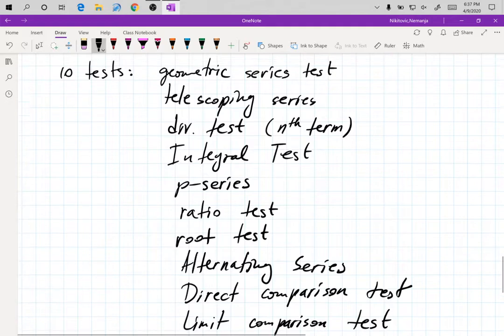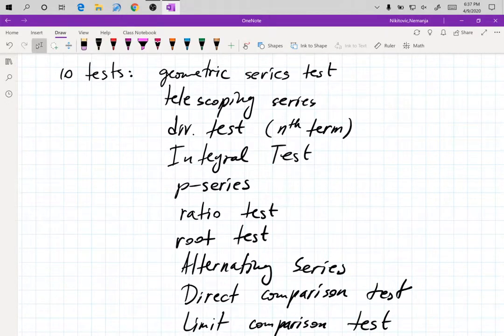And now you might ask, do we really use all of these? Can we just say these are the three that we want to learn and dump the other seven? No. Because certain problems can only be integrated using integration by parts. Certain problems can only be solved using partial fraction decomposition, right? Some problems can be solved two different ways. So you have 10 tests, and each one of them will have at least one situation when only that test works and nothing else.